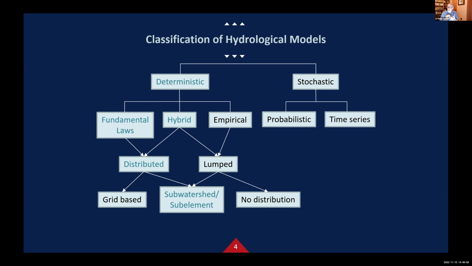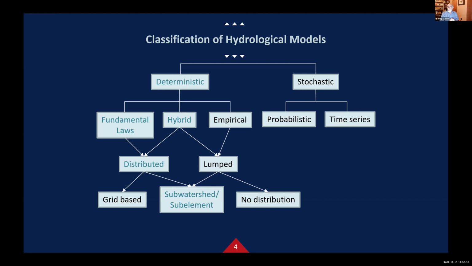SWAT will use the curve number technique to estimate runoff, and it will use the Universal Soil Loss Equation, which is definitely an empirical model, to estimate erosion, but it's set in a physical framework. With KINEROS, we estimate infiltration using Green-Ampt, and we route water off of the hillslope using a kinematic wave approximation. So it's a more physically based model.